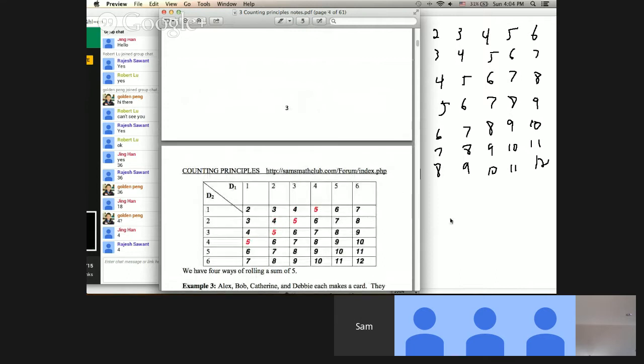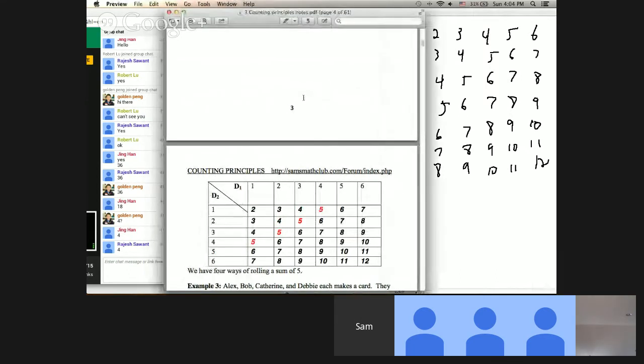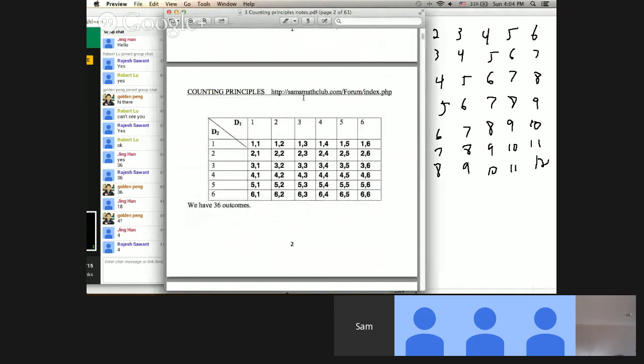Right. So what if I ask the question, how many sum to, let's say, 8? How many ways can you roll the dice so that the sum is 8? You can draw out the chart if you want, or you can just think about it.